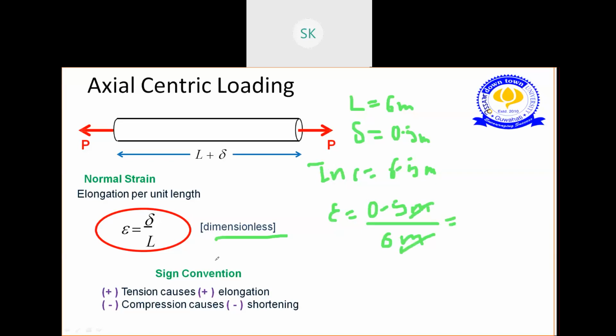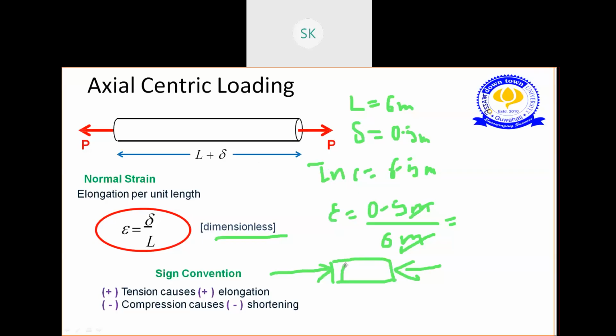Again, for the sign convention, tension causes elongation. When we stretch a member, we get an elongated member. But when we compress a member, suppose this is our member, when we compress, it will be squeezed in, right? It will somehow become like this, with more cross-sectional area but small.